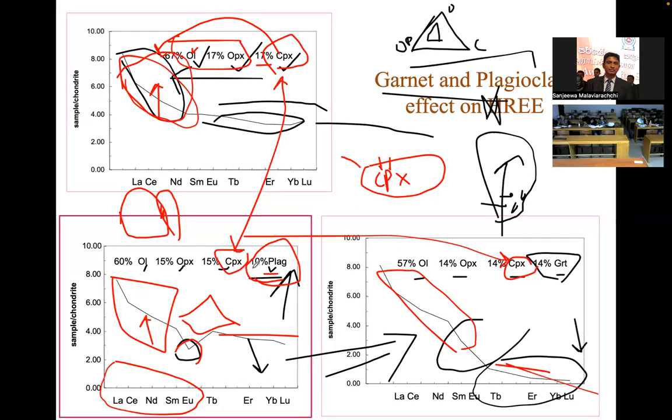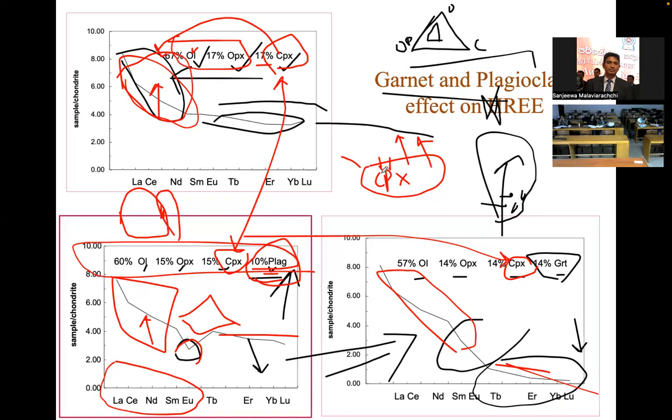That means the modal percentage of each and every mineral is also important in melting, right? That means the amount of the phases, because all these phases were available in your source mantle, right? So it's just a matter of how much of that participates in the melt composition when the melt is formed, right?